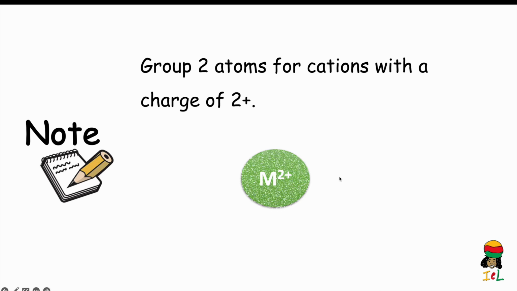So for the group 2 elements, we have beryllium, Be2+, when it loses its 2 valence electrons. Magnesium would be Mg2+ as a cation. Calcium, Ca2+. Strontium, Sr2+. And barium, Ba2+.